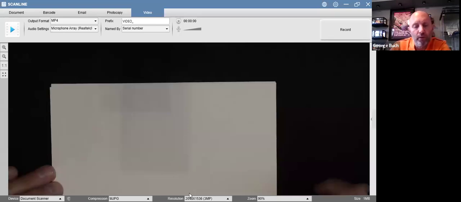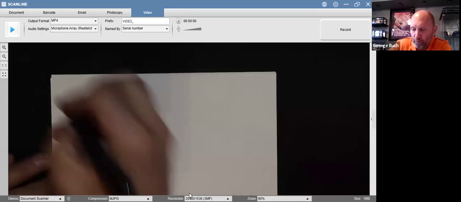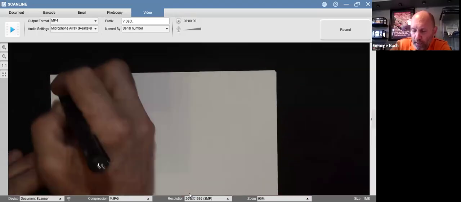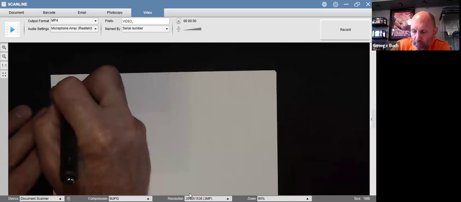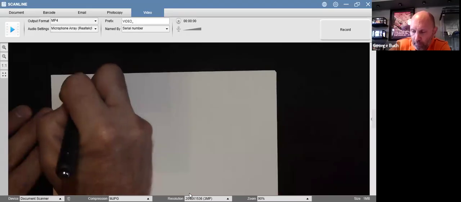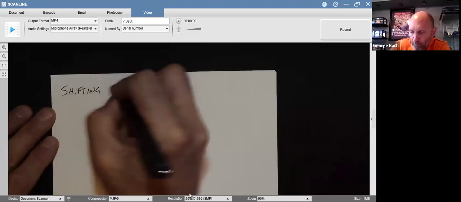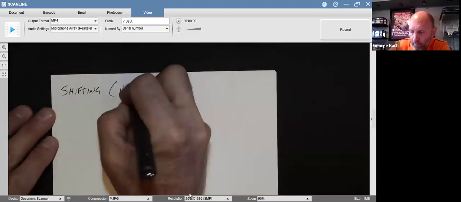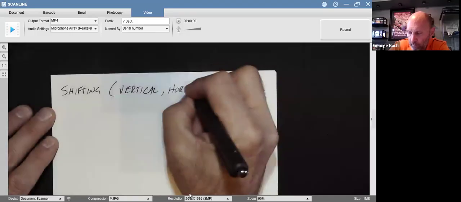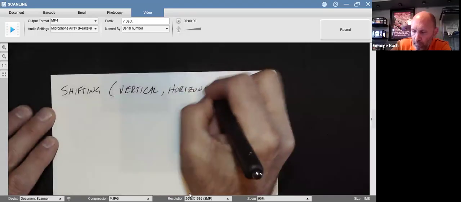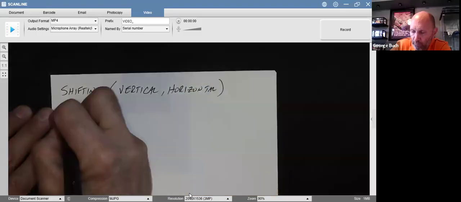All right, so as I said, first we're going to look at our transformations, and the main ones we are going to look at is shifting. And this is vertical and horizontal. And then we will look at reflecting.